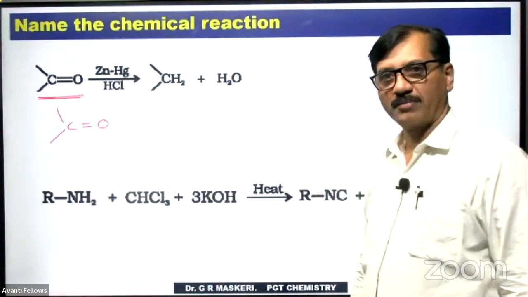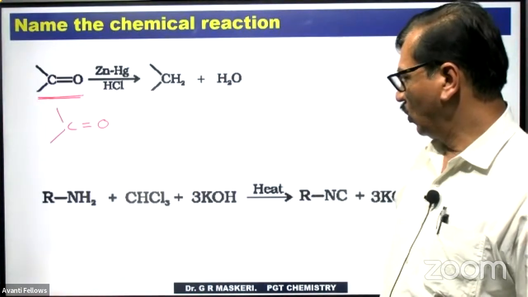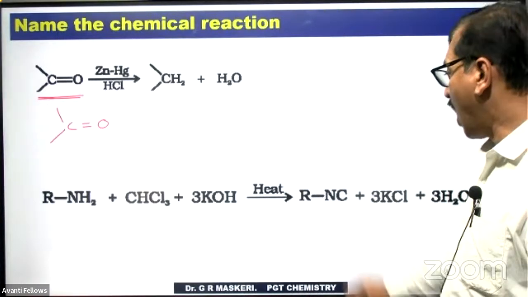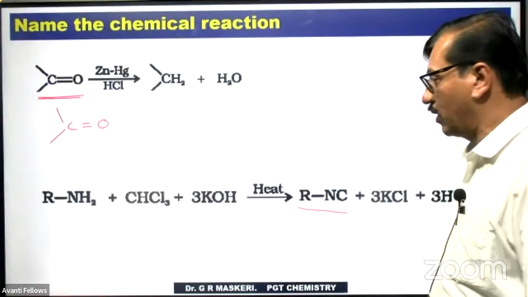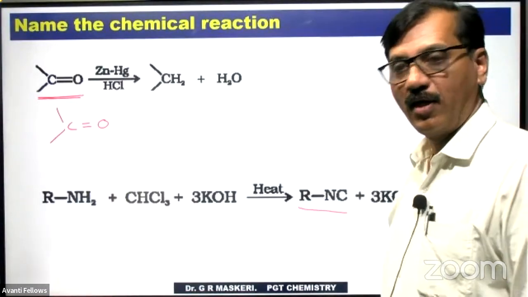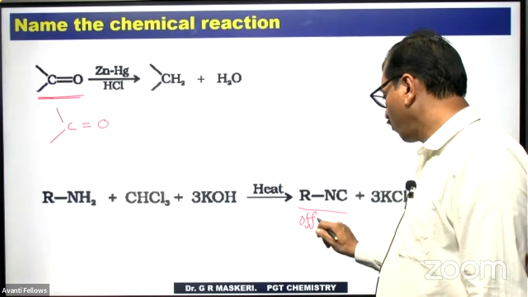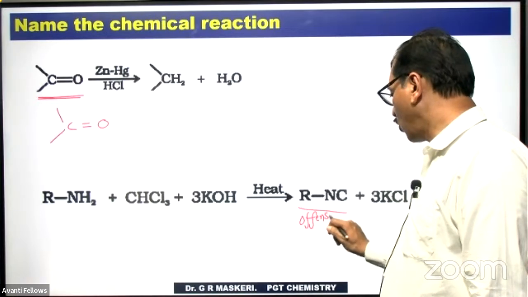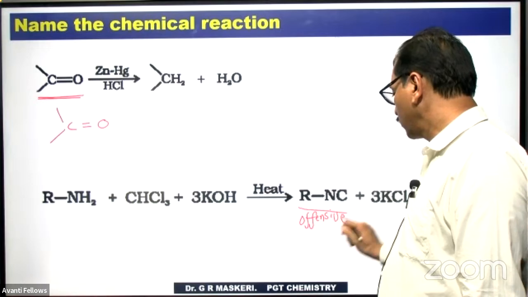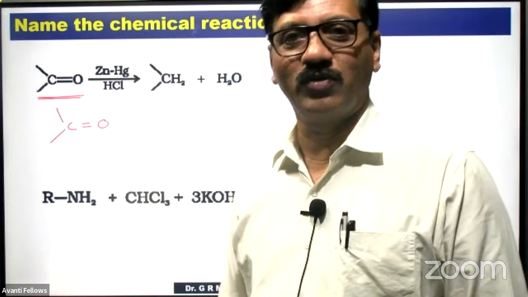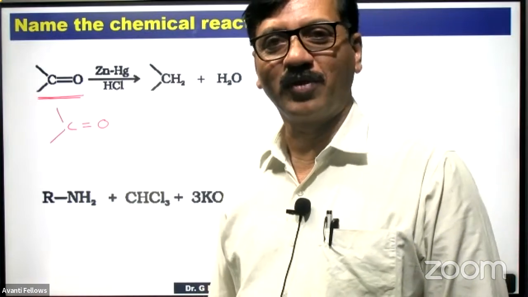There is one more, RNH2, CHCl3, and KOH, giving rise to RNC, a typical compound with an offensive smell. Offensive smell. You want to cut your nose when you inhale this compound.